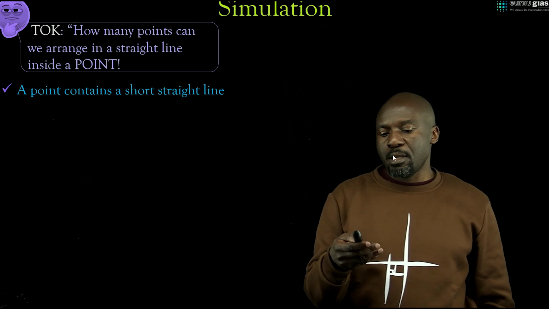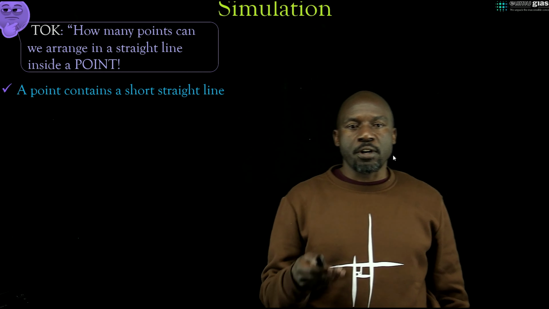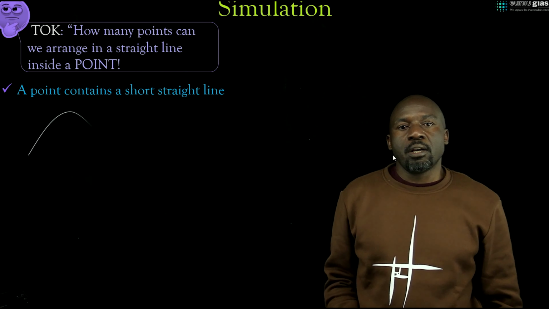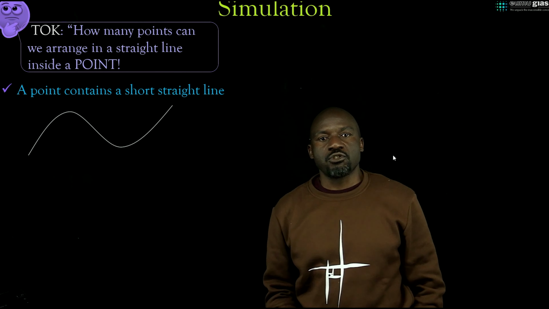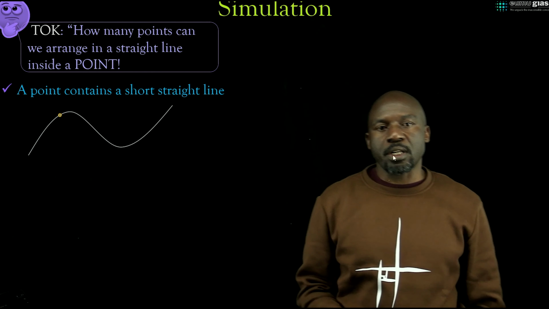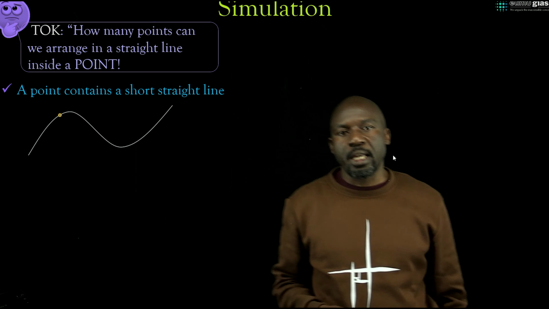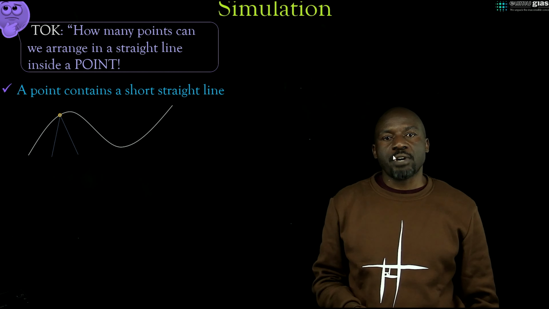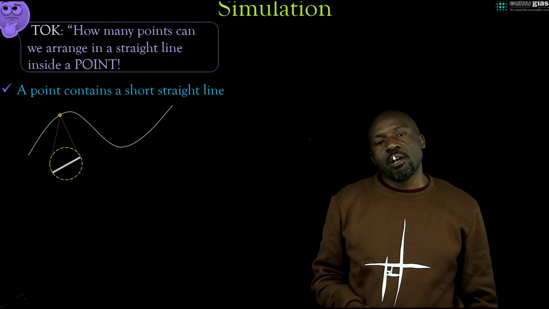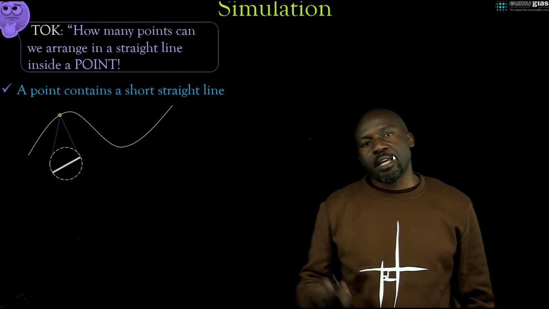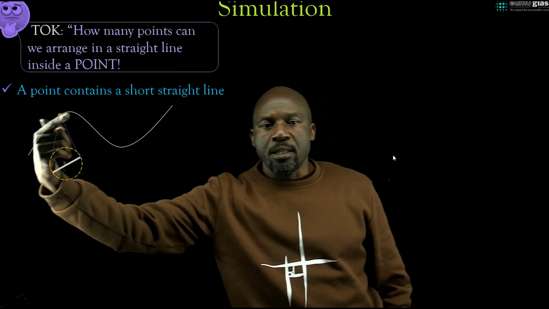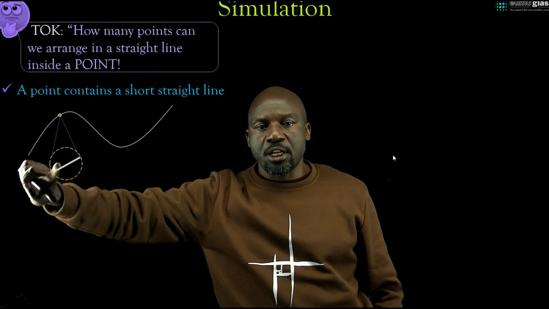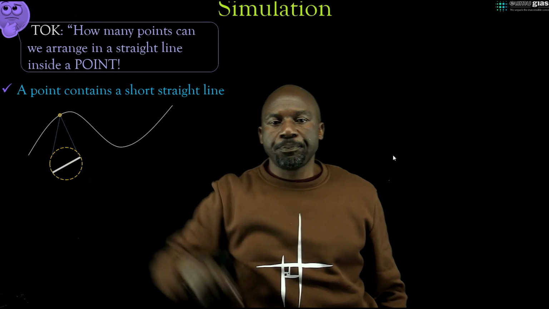So every point drawn on a line is made up of a straight line. So a point such as that one, if we were to zoom in, we will find is in fact just a straight line. So if I zoom in like that and we check, we'll find that there is a straight line there that is lying in that orientation. So that's the orientation of this line, okay?